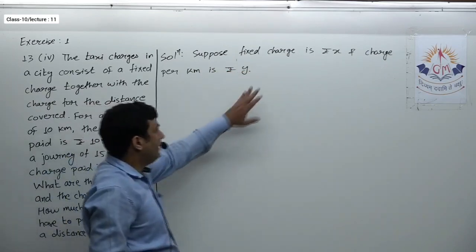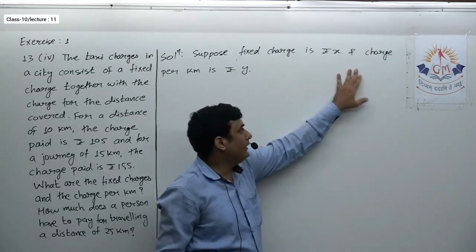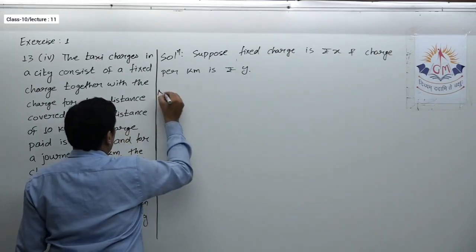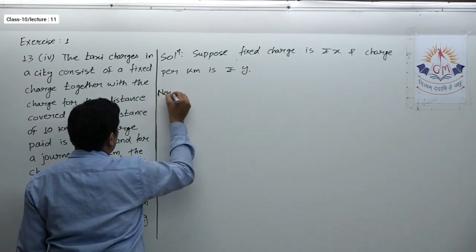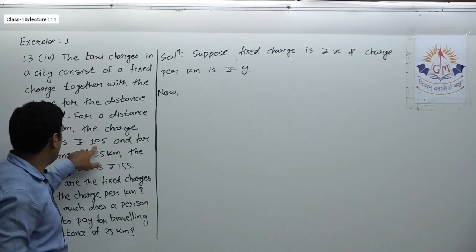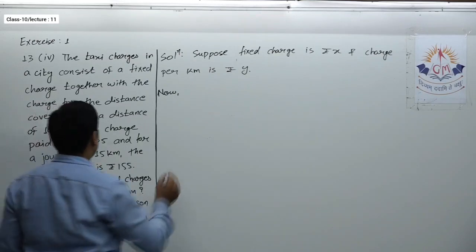Okay, we assume that fixed charges are rupees x and the charge per kilometer is rupees y. So now we'll see the first equation. One has to pay rupees 105 for 10 kilometers.